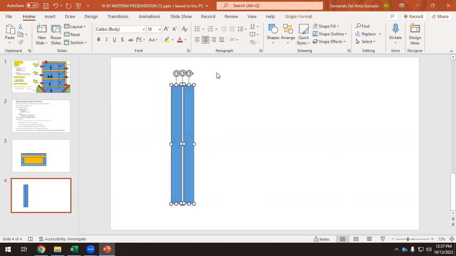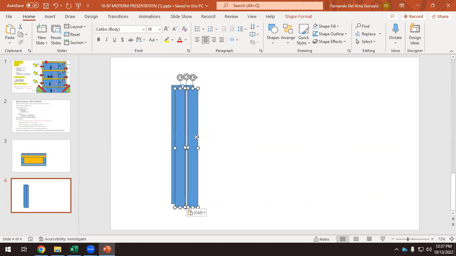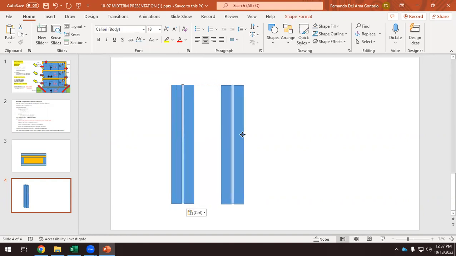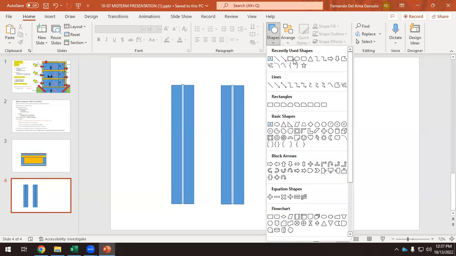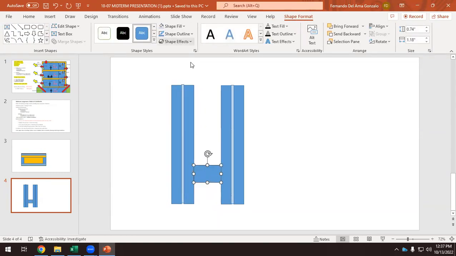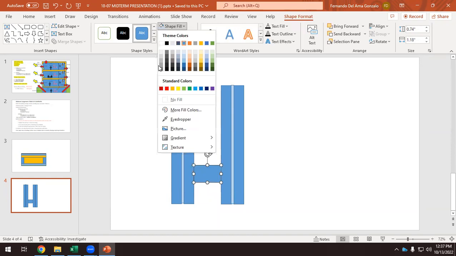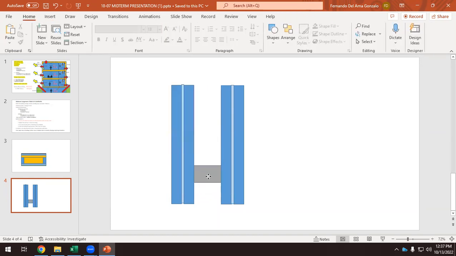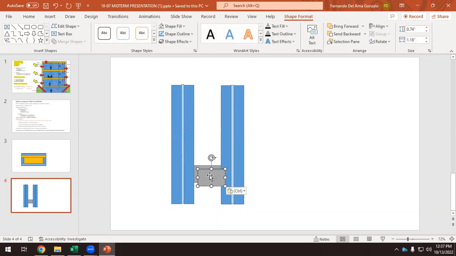Then we can have the double glazing. The double glazing is two glass panes, and here we have a gap in the middle, and then we can fill that gap. This is the spacer. And then we have something here.